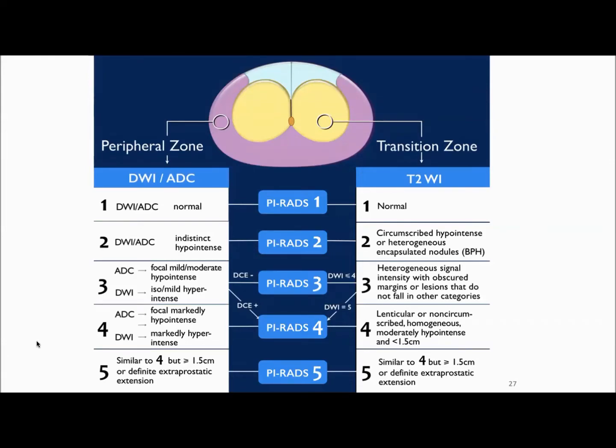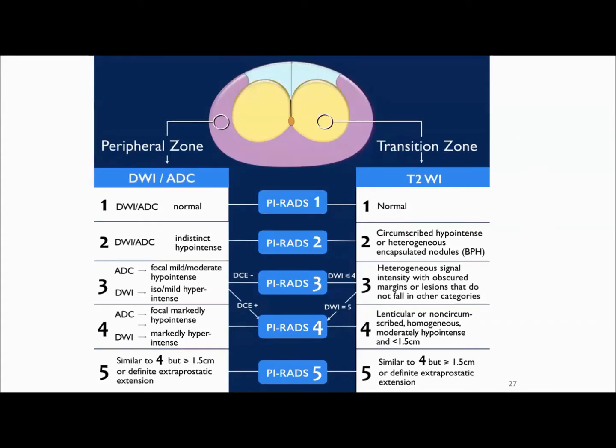As Dr. Hamad has shown, if the peripheral zone is completely appearing hyperintense, which is uniform, then we call this normal prostate. For the peripheral zone, we apply PI-RADS on DWI and ADC sequence, and for transitional zone, we rely on T2 weighted sequences.